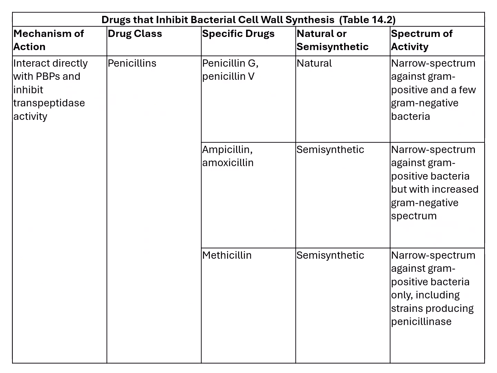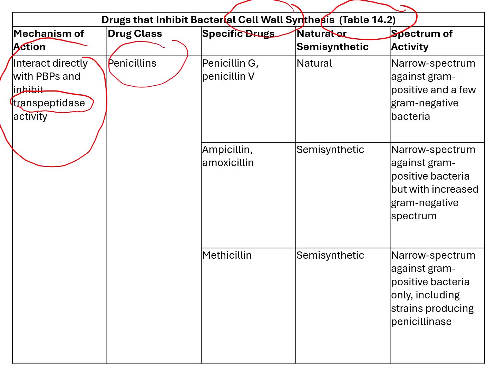Our book then provides us with a giant table of all of the drugs that inhibit bacterial cell wall synthesis. So we saw that some of the drugs, like penicillins, inhibit transpeptidase activity because the beta-lactam ring in these penicillins looks very similar to what transpeptidase usually binds to build a peptidoglycan.